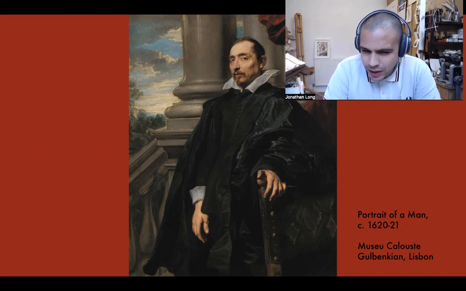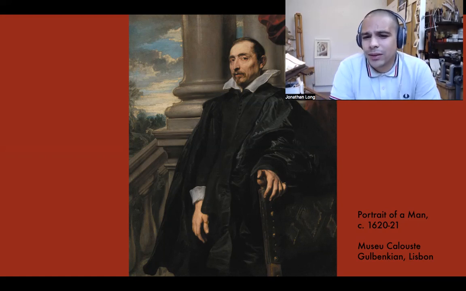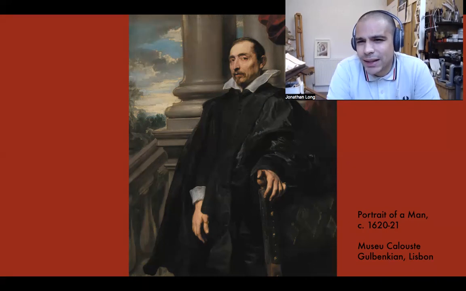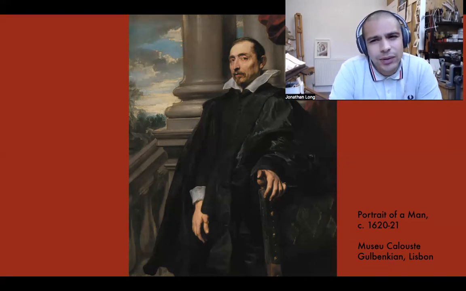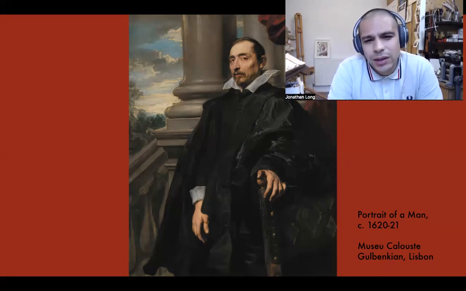So I suspect that this is a Flemish merchant. This is typical of his Flemish paintings. There's a lot of debate about this painting, who it's of, and whether it was painted before he left for England in 1620 or after.